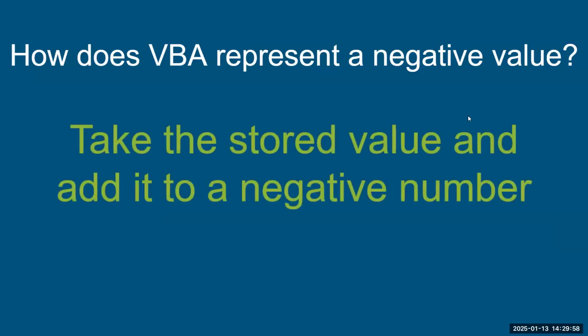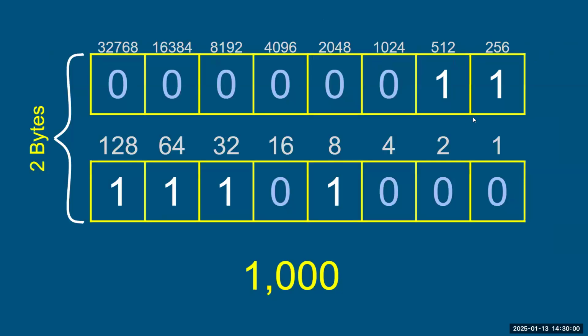Okay, so how do we represent a negative number? Turns out that we use subtraction. So if we take 1,000, here's what 1,000 looked like: 512 plus 256 plus 128, 64, 32, and 8. That gives us 1,000.